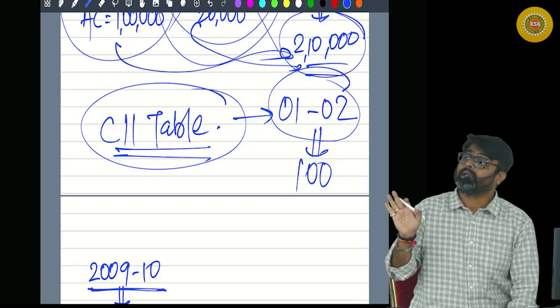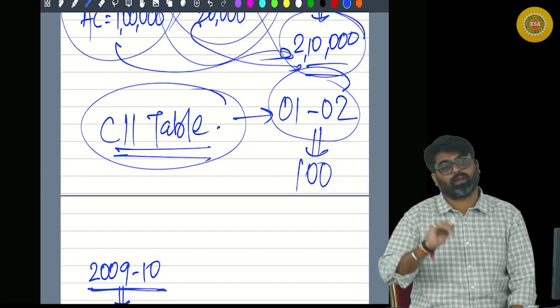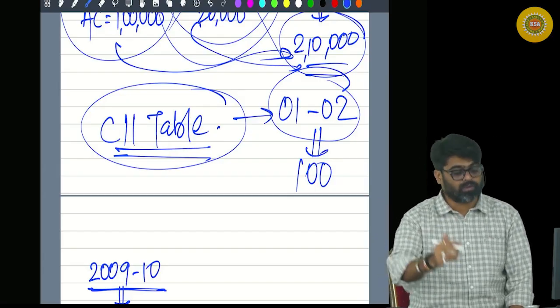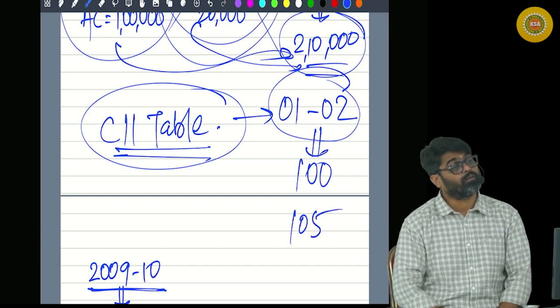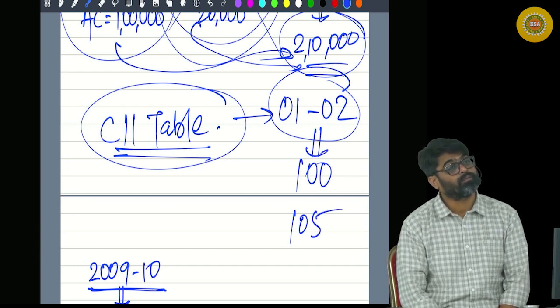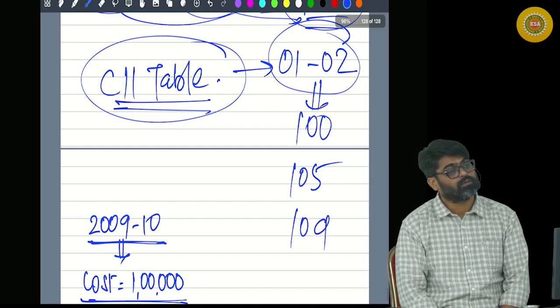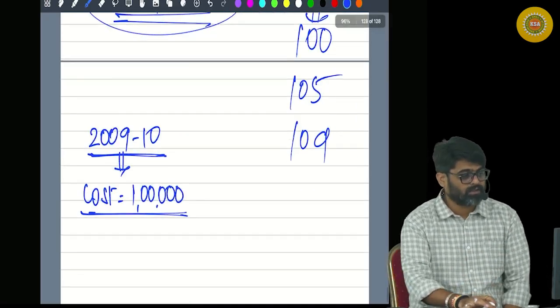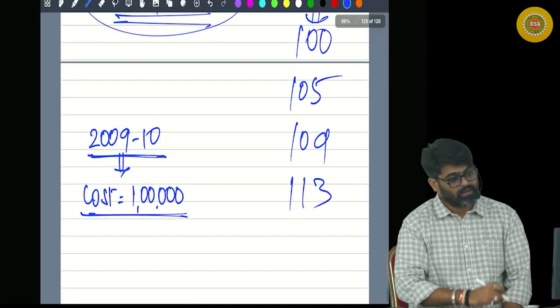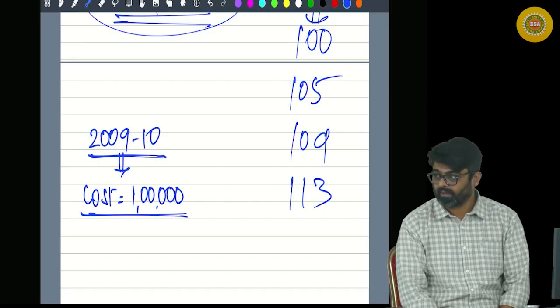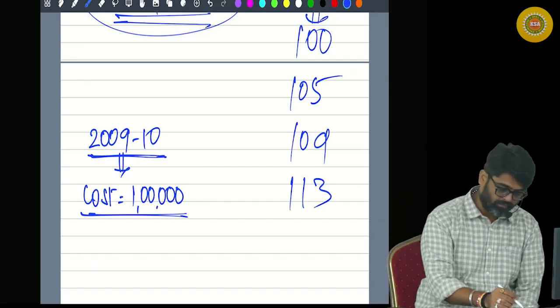Cost would have increased due to inflation. So in the next year, the cost would have been 105.10. Next to next year, the cost would have been 109. Next to next year, the cost would have been 130. Getting my point? So I'll show you one CII table.